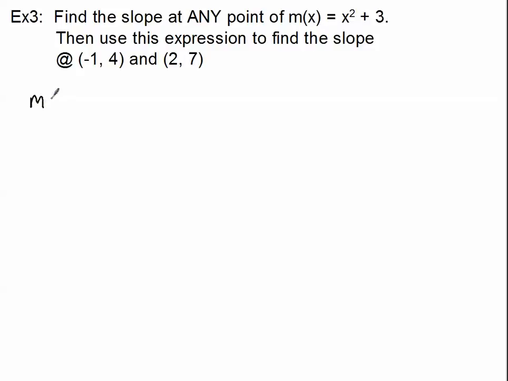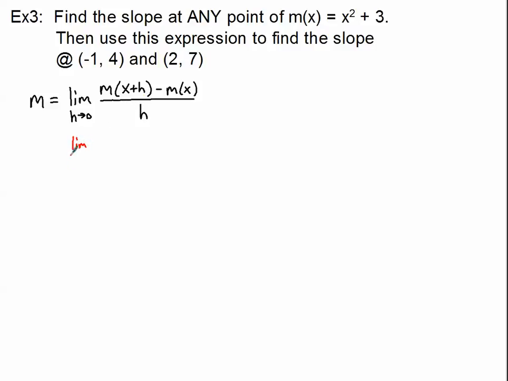So we have m equals the limit as h approaches 0 of m of x plus h minus m of x, all divided by h. Now our difference quotient has m in it because we're talking about m of x. So let's first figure out what m of x plus h is.